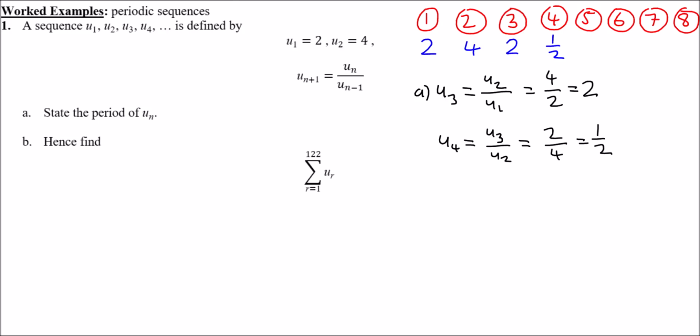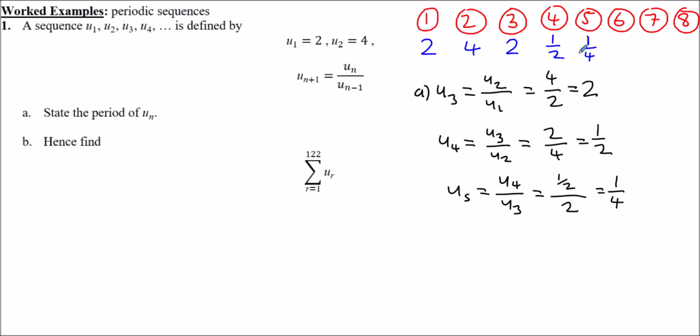The fifth term, u subscript 5, will be u4 divided by u3. The fourth term was a half, the third term was 2. A half divided by 2, if I halve a half, that's going to give me a quarter. So the fifth term's a quarter.